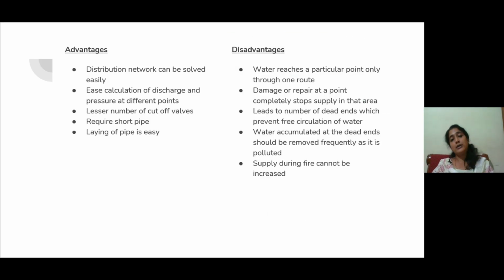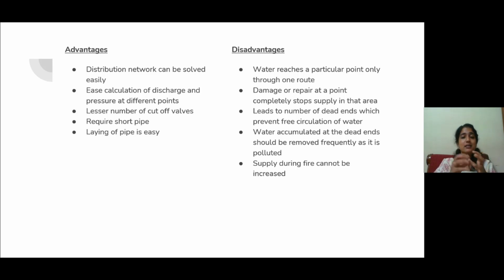Then the advantages of the dead end system. This is provided with the help of the road network, so the distribution network can be solved easily. And there is easy calculation of discharge and pressure at different points because there are so many dead ends. And there is a lesser number of cut-off valves.